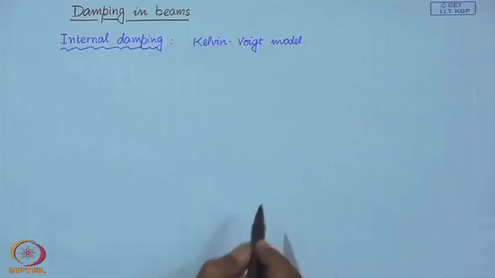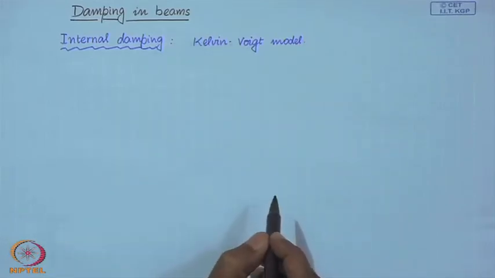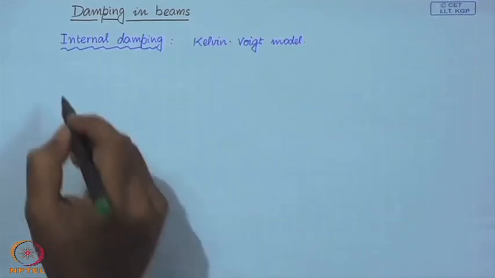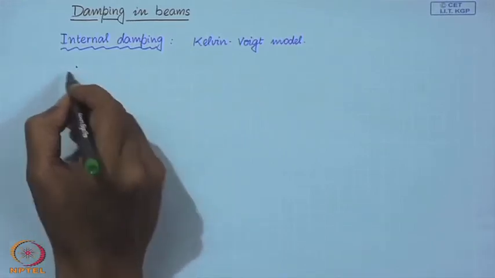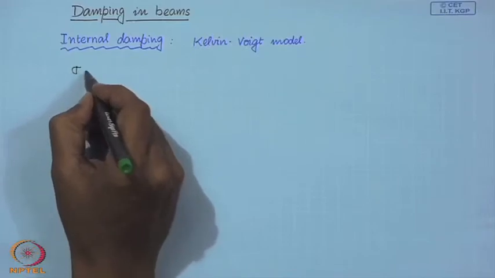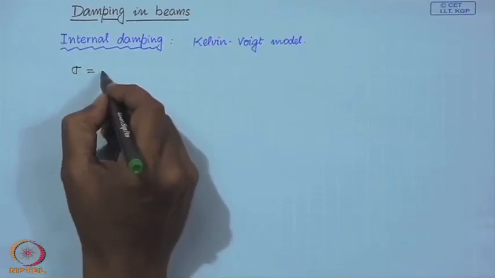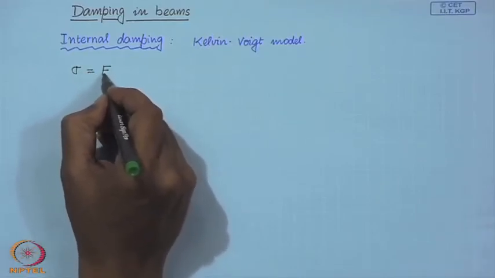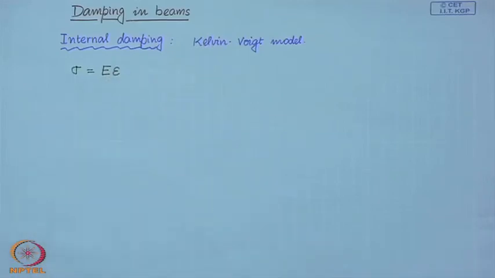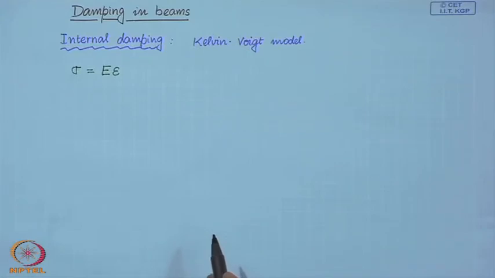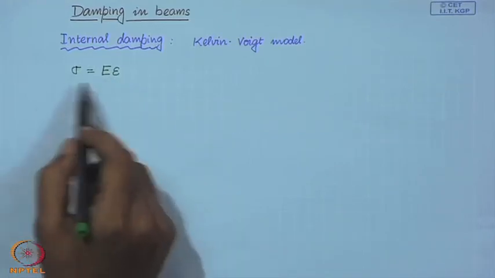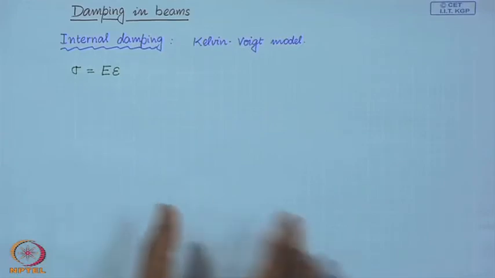In order to implement this model, we modify the constitutive relation of the material. So, we know for our beam model we have used Hooke's law given by the stress equals the Young's modulus times the axial strain. So, this was the axial stress in the fibers of the beam.